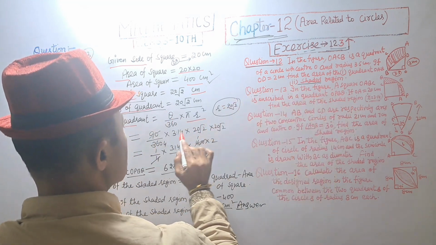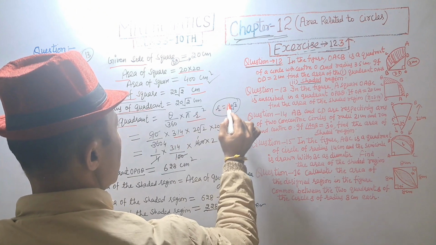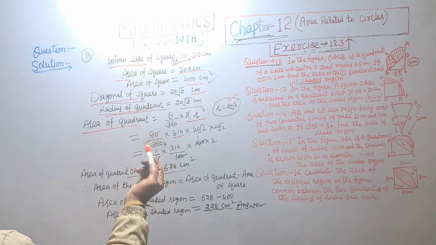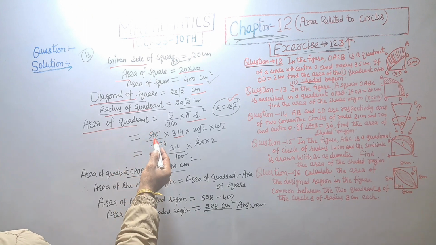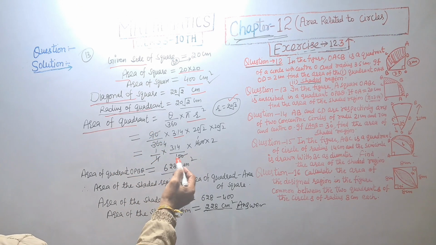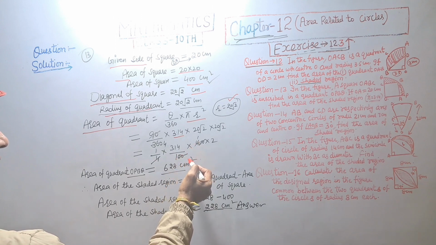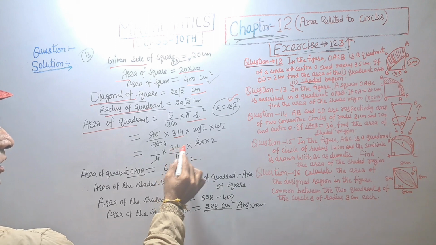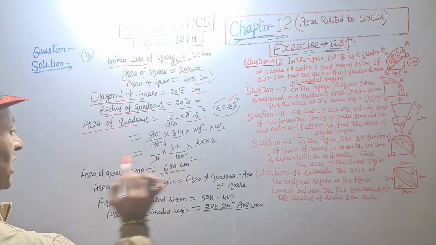Given value of pi is 3.14 and radius is 20 root 2, angle 90 upon 360. 9 4s are 360 and 0 0 is cancelled. 4 is cancelled. We get 314 2s are 628 centimeter square.